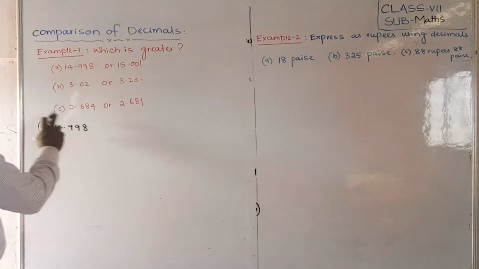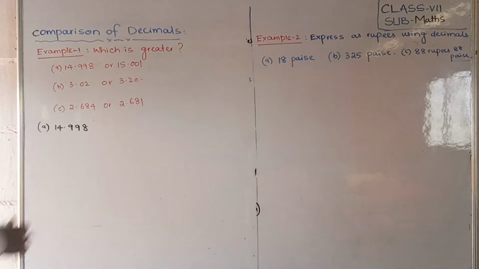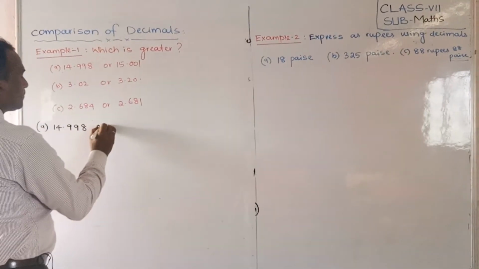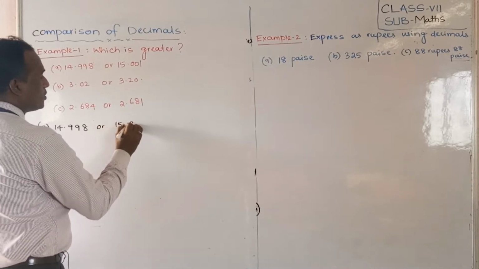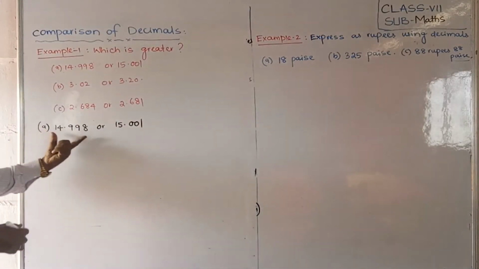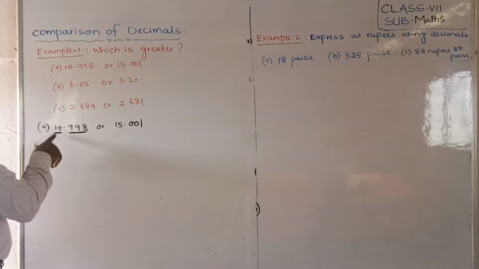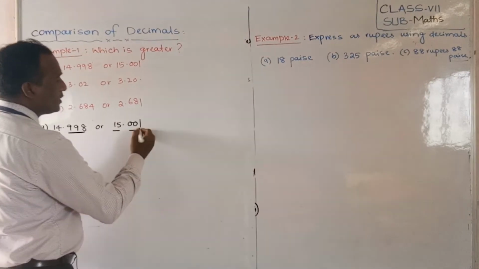You have to read it 14.998. And the second one is 15.001. Now check the whole part. This is the whole part and this is the decimal part.